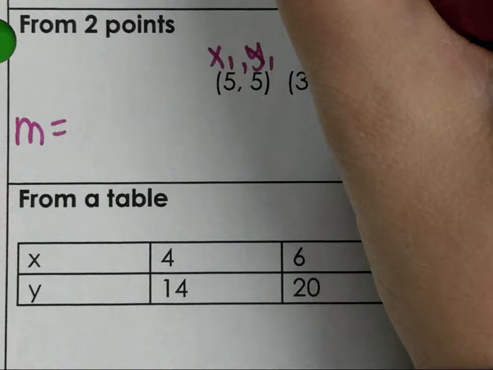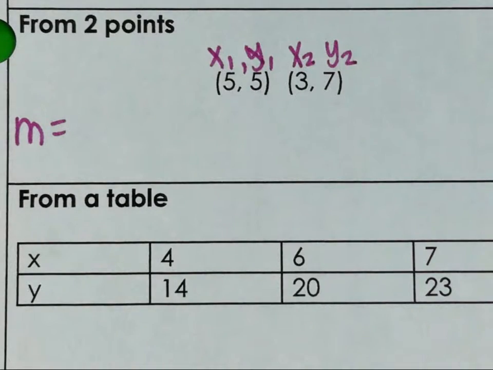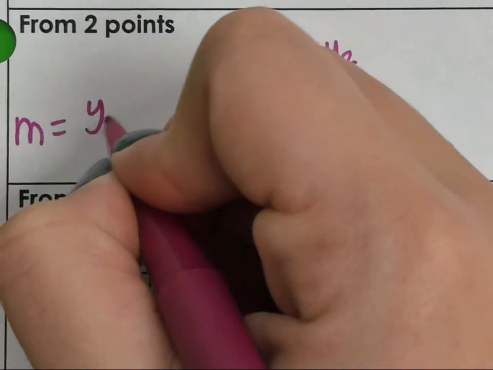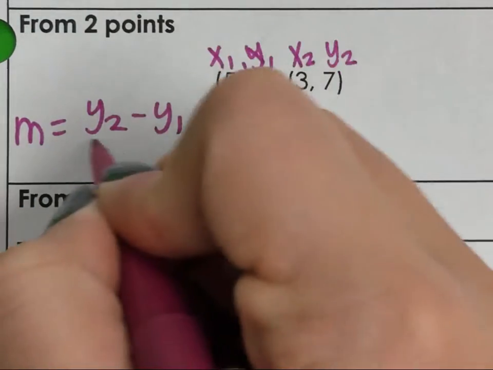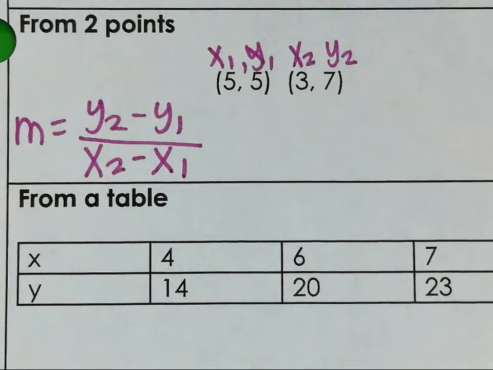And then 3, 7, that's going to be x2, y2. So if we're finding the change in y's, we've got y2 minus y1 over x2 minus x1. Remember that? Look familiar? Should. All right, so now I'm just plugging in those numbers.